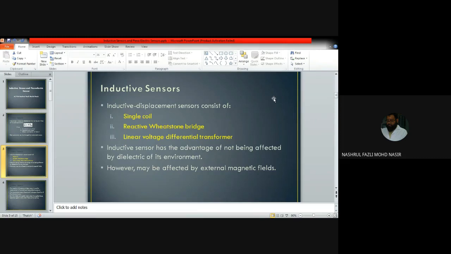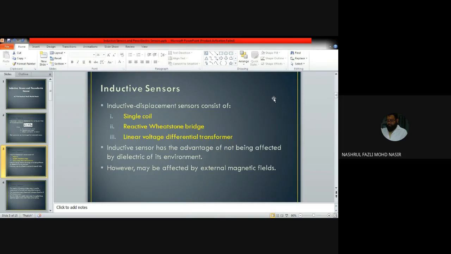An inductive sensor usually consists of these three components, which are the single coil, a reactive Wheatstone bridge, and the linear voltage differential transformer.